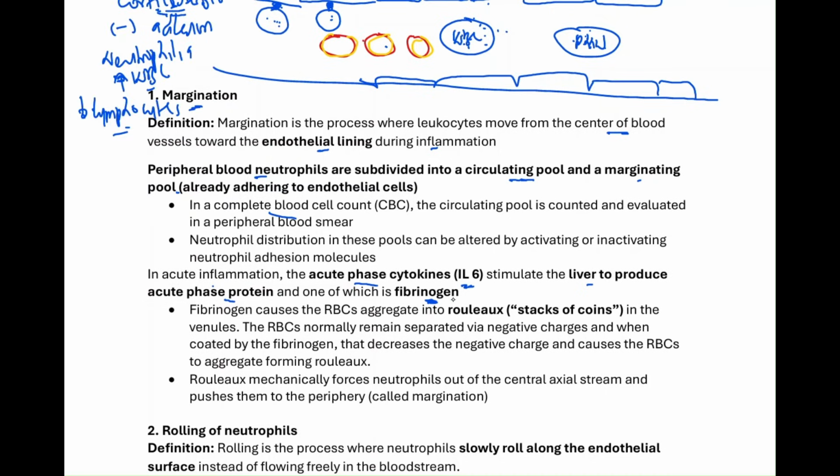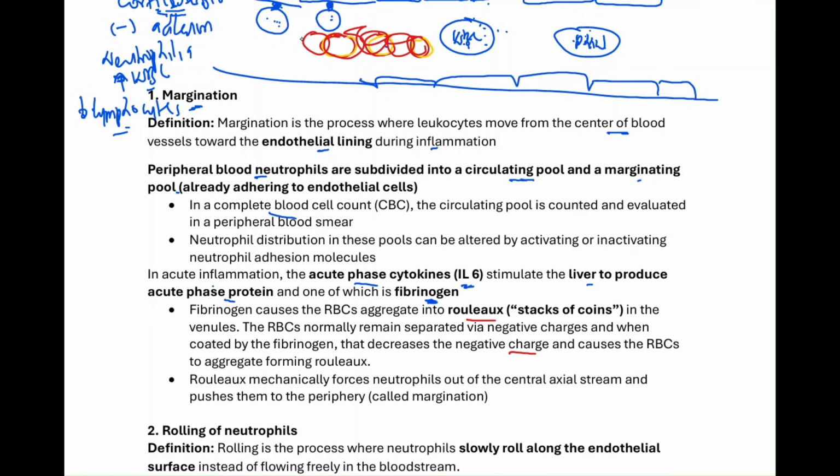Once you decrease the negative charge, that will allow those red blood cells to what? Aggregate together. And once they aggregate together, we call them what? Like a rouleaux formation. And remember, the more aggregation, the more inflammation you have: the higher the interleukin 6, the higher the fibrinogen, the more red blood cells are going to aggregate.